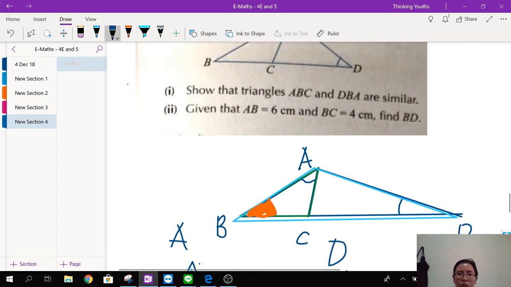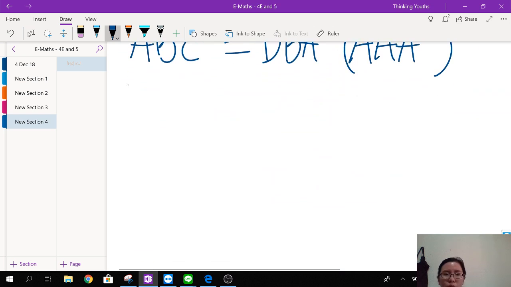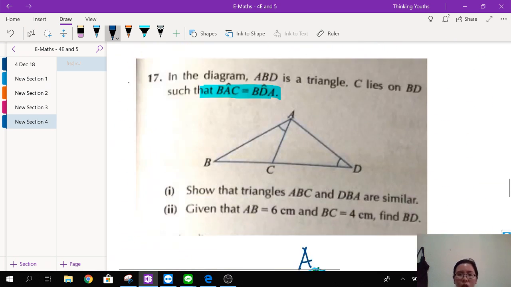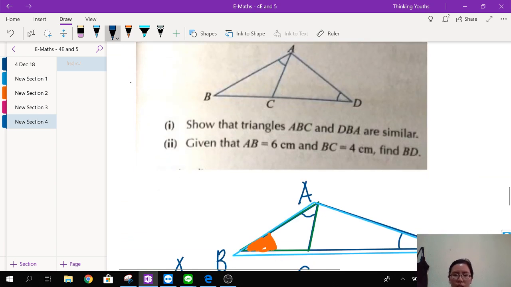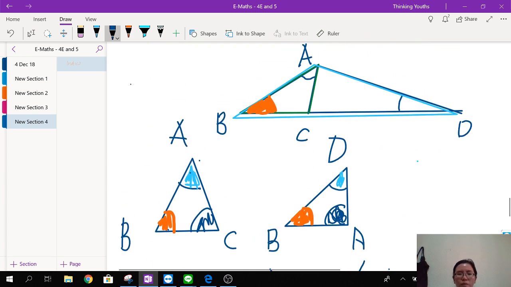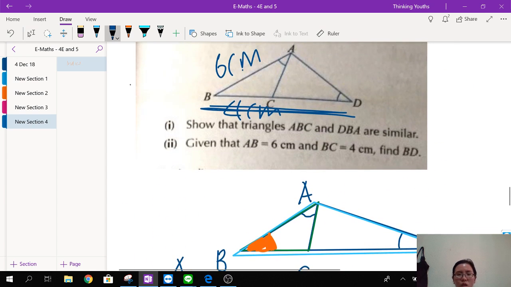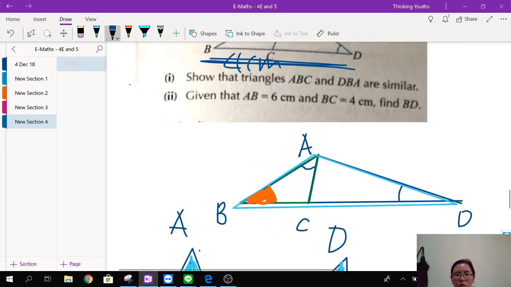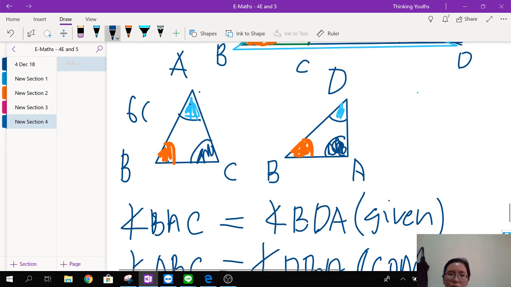For part C, part 2. Okay, your AB is 6 cm. Here is 4 cm. So you need to find your AD. So back to this triangle. AB is 6 cm.